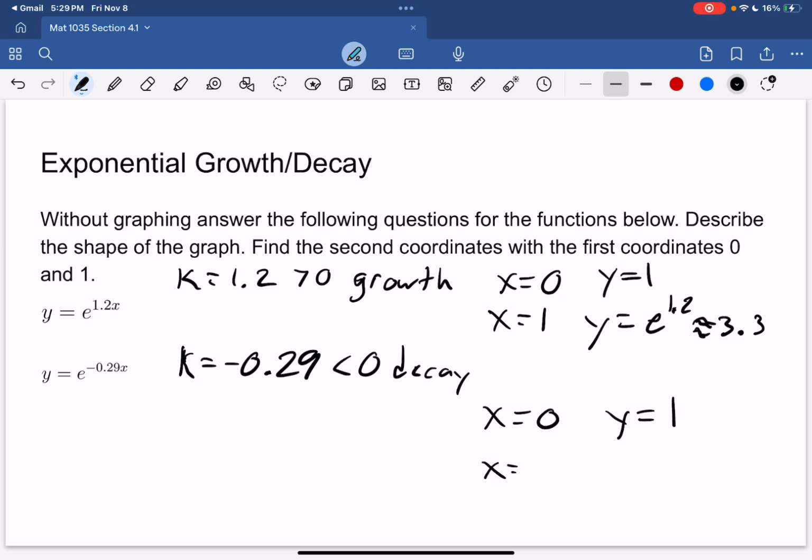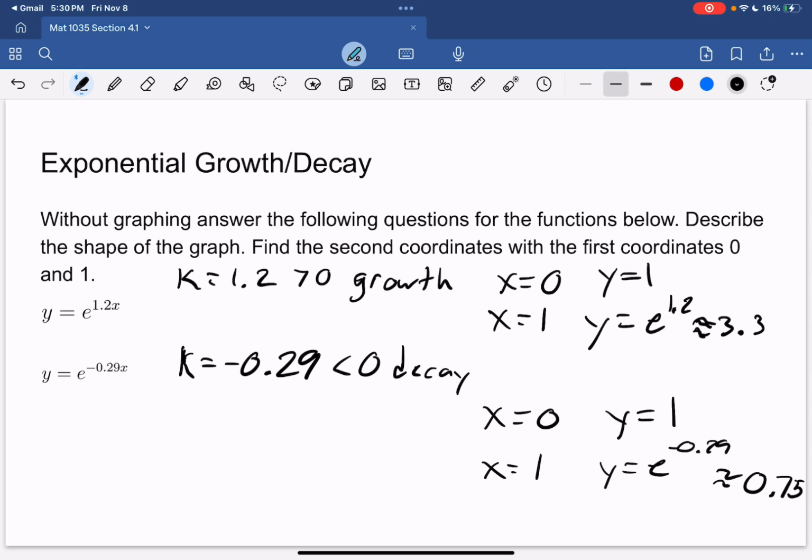When x is equal to 1, y is equal to e to the negative 0.29, and plugging that in the calculator, that approximates to 0.75. So that solidifies that we had decay because we got smaller. And e to the negative 0.29 is less than 1, so therefore, our a value would solidify decay.